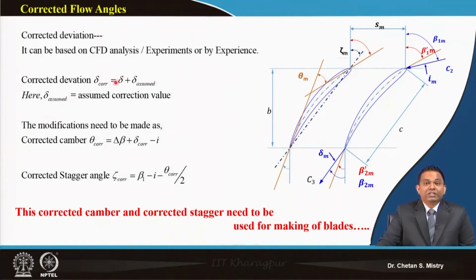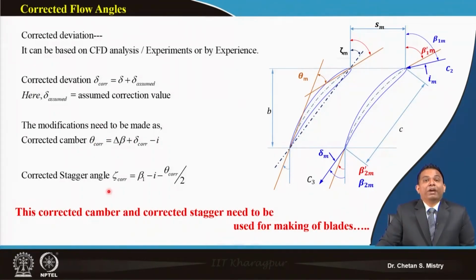Once we do this delta calculation, accordingly I need to correct my camber angle, because my earlier deviation angle was different. Now I need to put the corrected camber angle. This is my corrected camber angle. Be careful about this. In the same way, when my camber has changed, I need to modify the stagger angle.